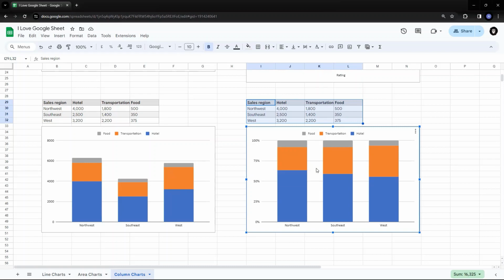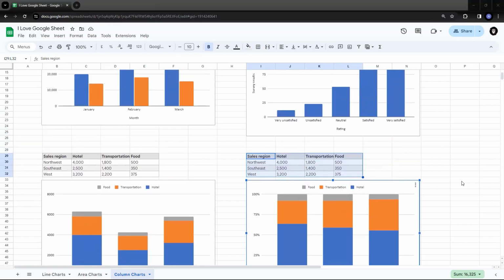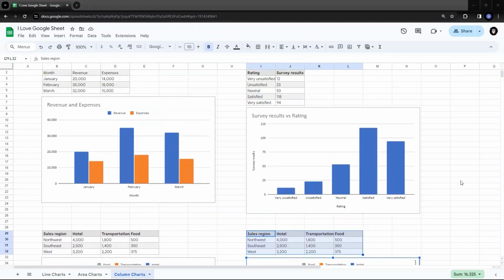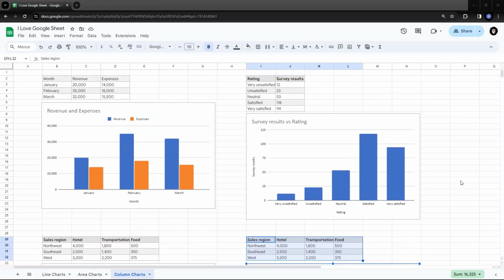It's very difficult to understand this with the stacked chart, but you will easily understand the difference when the cumulative total is not that important and you want to understand the percentage contribution to the entire sum as a whole. So these are all the column charts, and these are majorly used in any kind of analysis that you do.